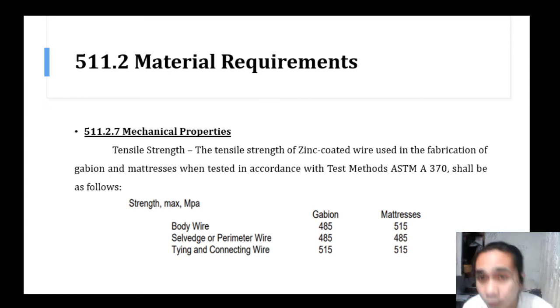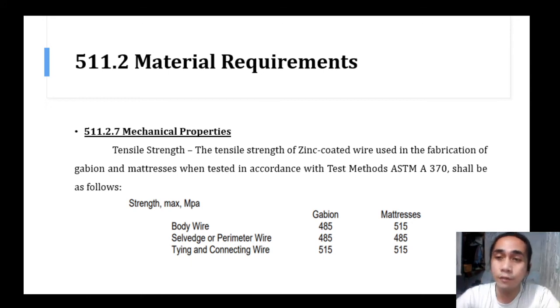For tensile strength, the tensile strength of zinc coated wire used in fabrication of gabion mattresses when tested in accordance with test methods ASTM A370 shall be as follows. So the tensile strength shall be for body wire na dapat naa ang zinc coated wire is for gabions 485 and for mattresses 511. For selvedge or perimeter wire 485 gabions and mattresses. Same lang, and tying and connecting wire same lang silang duha 511 and 515 MPa.